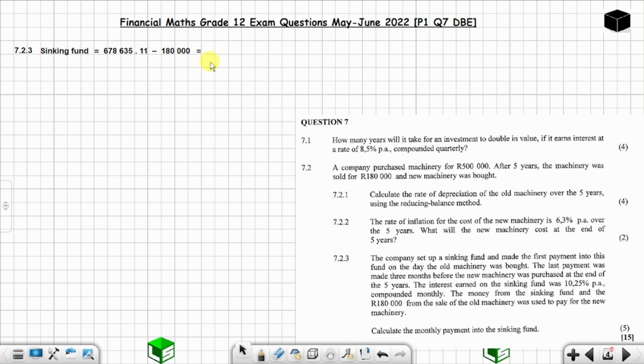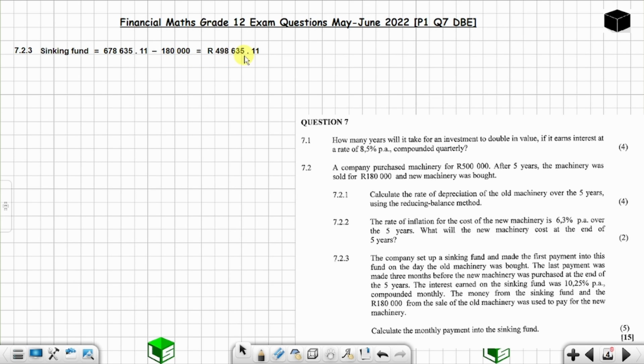You are going to get this when you plug this in your calculator. This is what they need on top of this 180,000 rand so that they can afford to buy the new machinery. So this is the sinking fund, which is the extra amount of money needed.